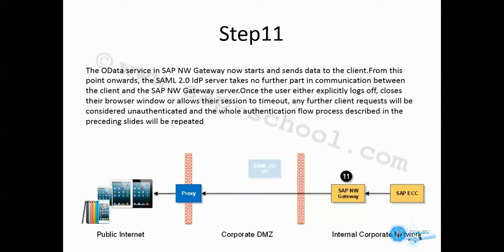The characteristics of a logon ticket include the fact that it's stored as a non-persistent cookie in the user's web browser, and it's called MYSAPSSO2. It is deleted when the user logs off or closes the web browser and the session.